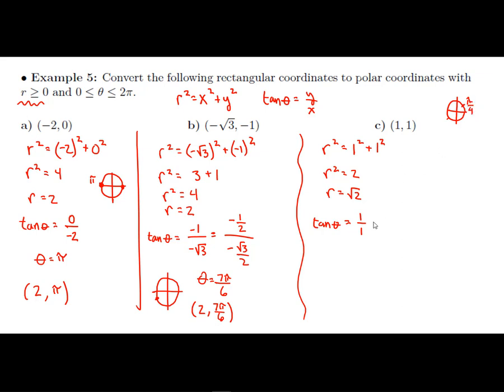And if you wanted to, you could turn the top and bottom into root 2 over 2, and that would also be a way of recognizing, oh yes, theta should be pi over 4. So the point is root 2 as r and pi over 4 as theta.